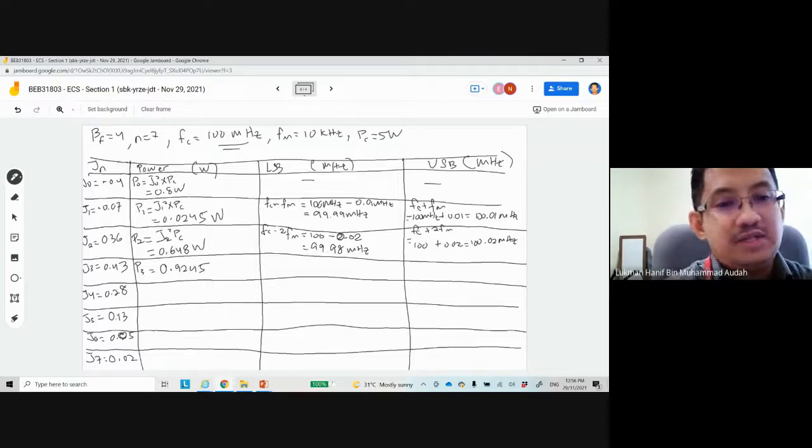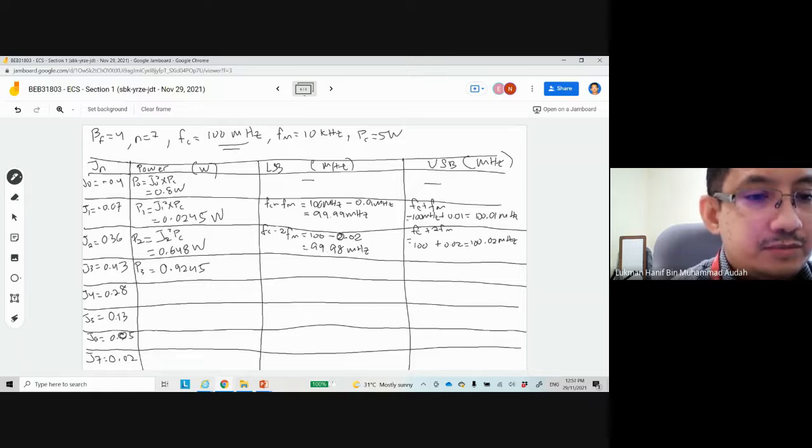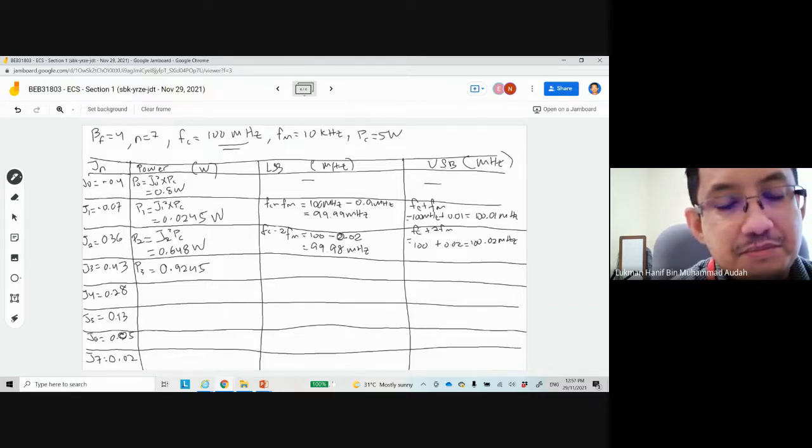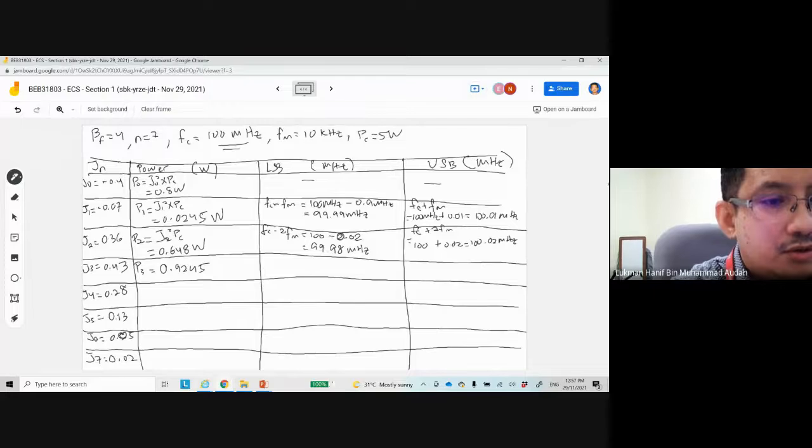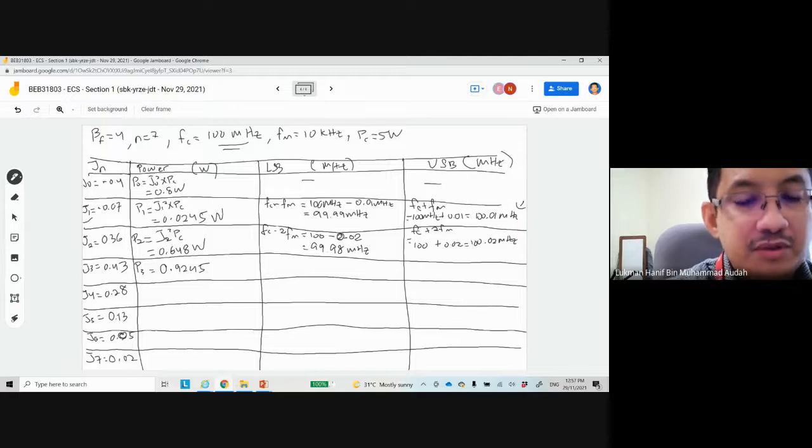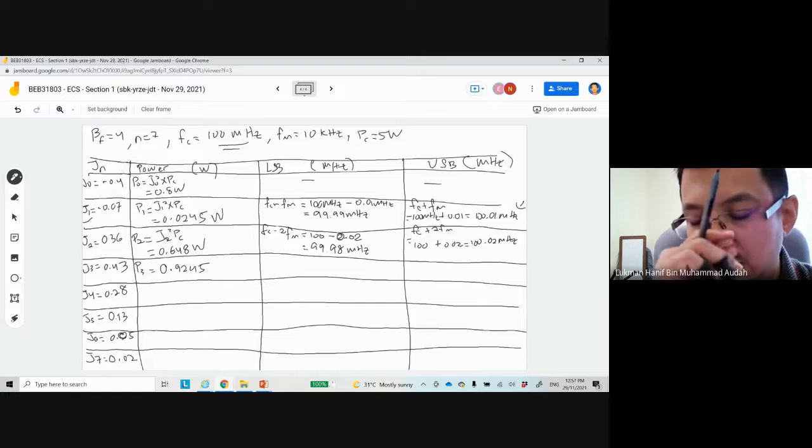Okay, dalam exam, kalau tanya saya, cadangan saya untuk baris yang pertama ni buat jalan kerja. Tunjukkan jalan kerja bahawa dia adalah contoh tadi P1 equal to J1 squared times PC, FC tolak FM. So kita dah nampak general equation.